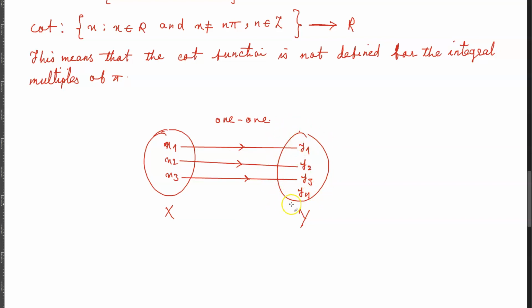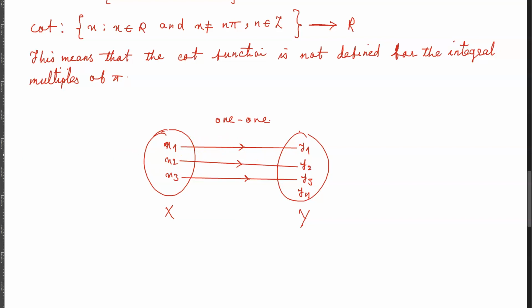A function which is onto is the kind of function where every element in the codomain of the function, not in the range of the function but in the codomain, is an image of some element in the domain of the function.